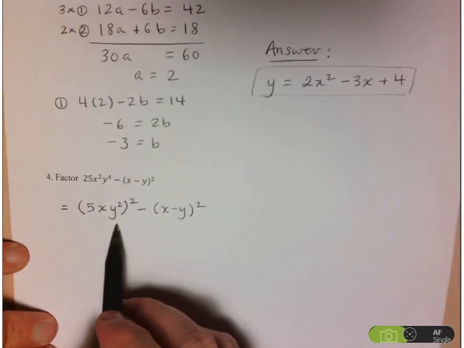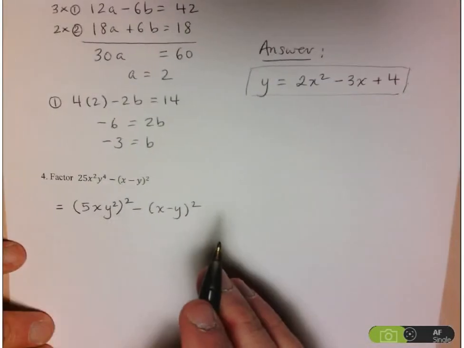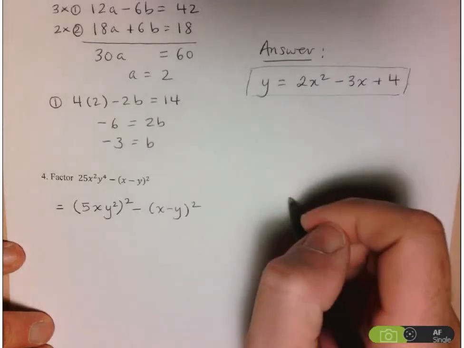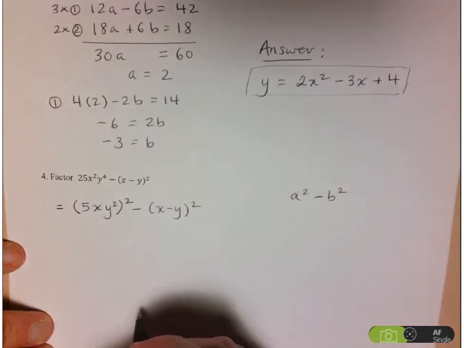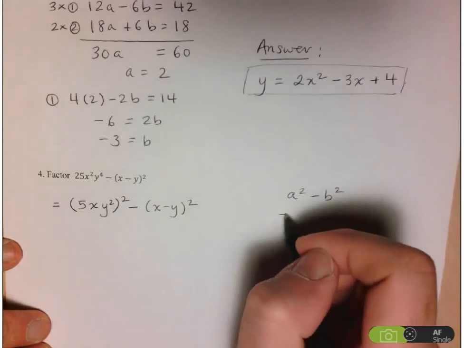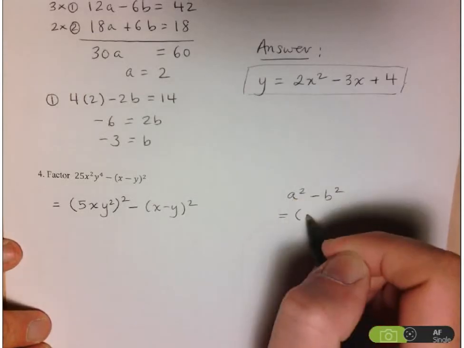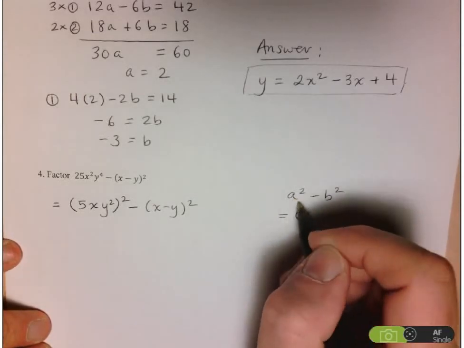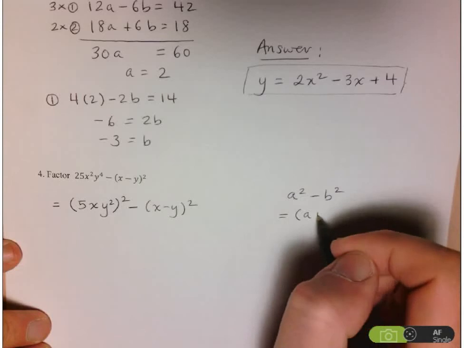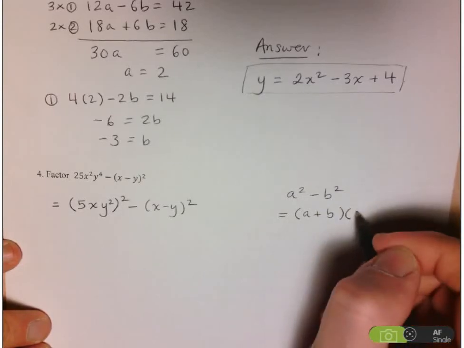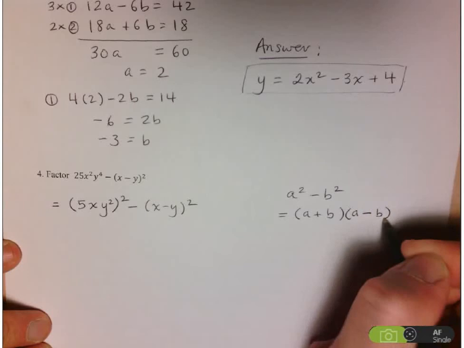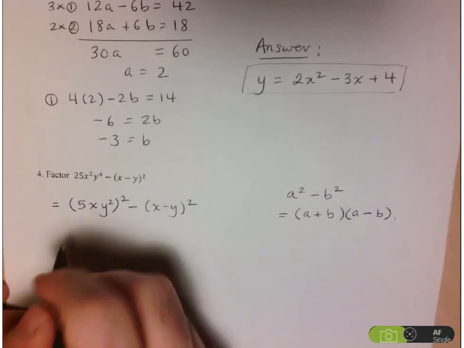At this point here, we really just should know how to factor a difference of squares easily. So let's put in a general example. If I have something like a squared minus b squared, that factors as the first base plus the second base, okay, times the first base minus the second base. So I'm just going to apply that here.